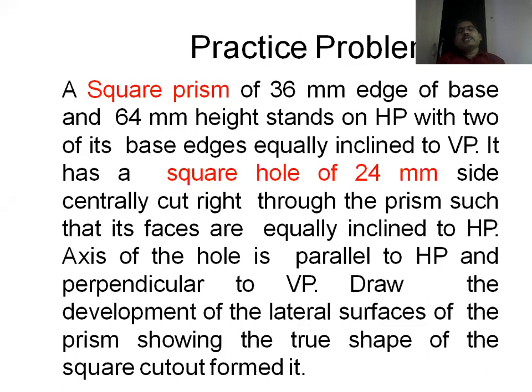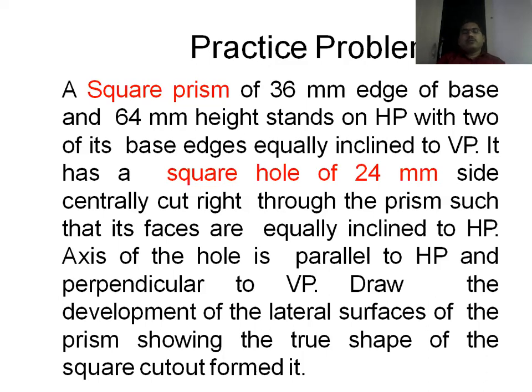It will appear as a square of 36 mm side, and the sides of the square are equally inclined to VP. That means while drawing the top view, you have to draw a square with sides making an angle of 45 degrees to the XY line. This is the position of that square prism in top view.